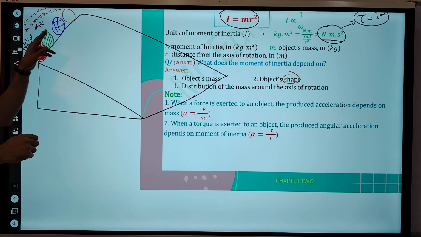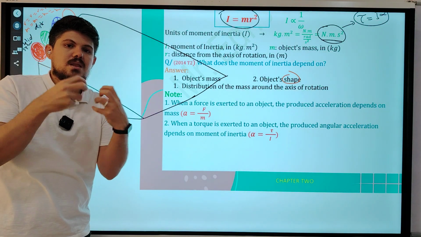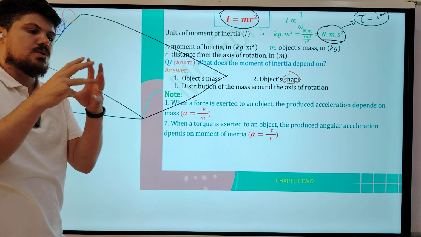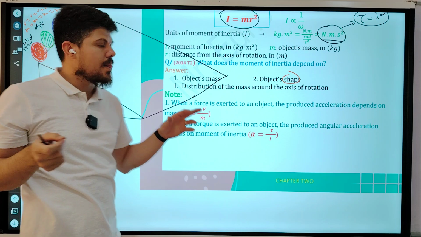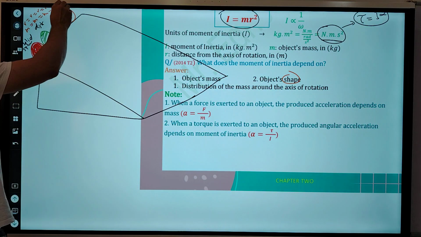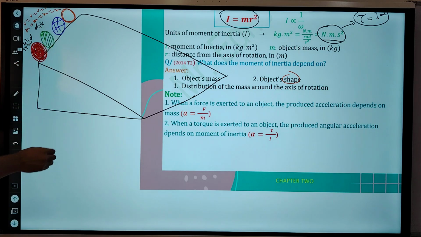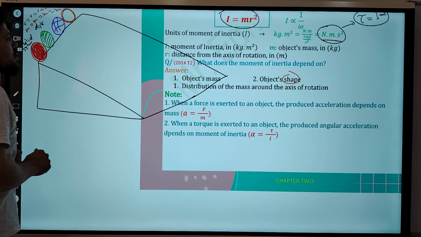This is the hollow sphere, such as a football or basketball, with air inside, so the mass is distributed around its edge. And this is the ring, where all the mass is distributed at the rim of the object.